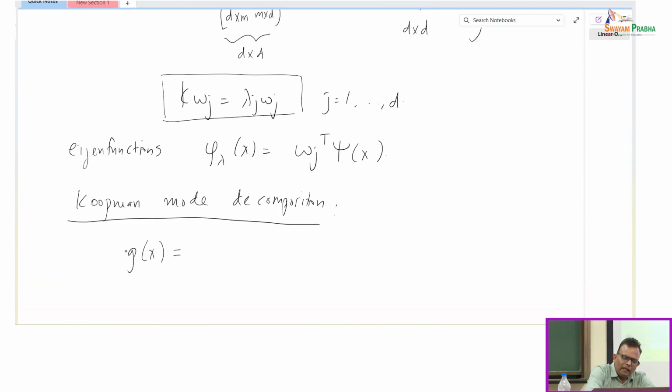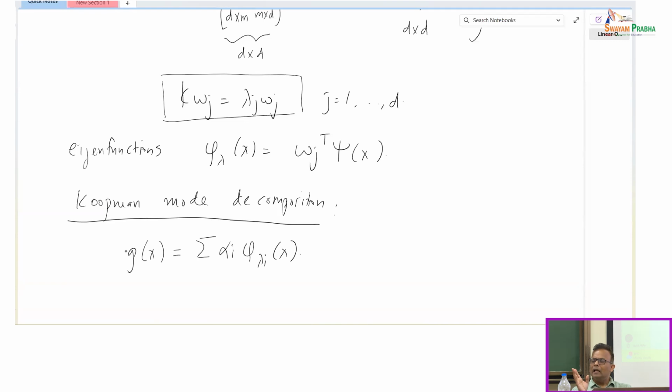Can I write this as some linear combination of the eigenfunctions phi lambda i of x for some coefficients alpha i? So basically we're taking this function g and projecting it onto the space spanned by the eigenfunctions phi lambda i of x, where the alpha i's are the coefficients in the expansion. Make sense?